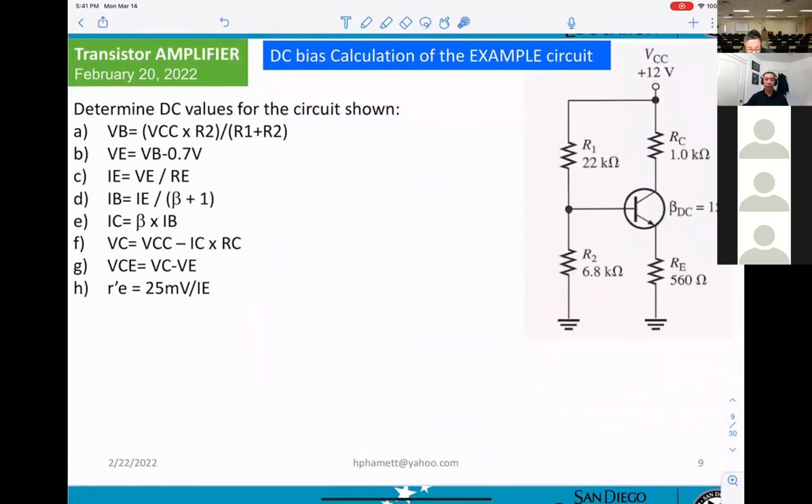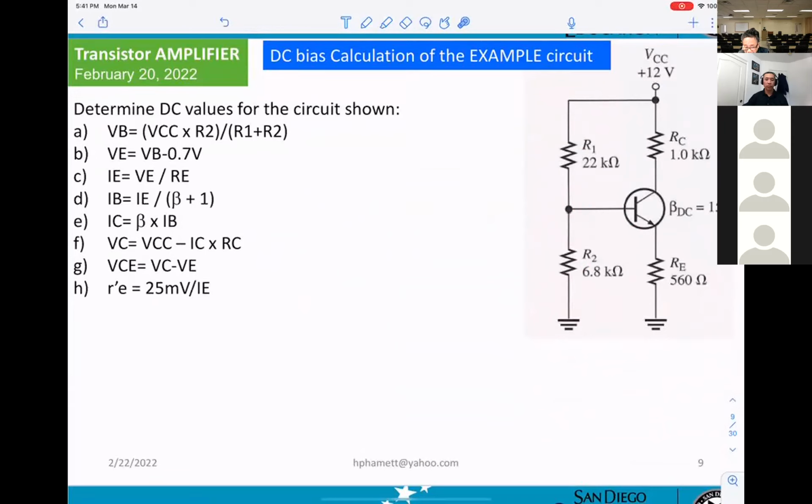And now this is a calculation. Basically, anyone must know, even if you don't calculate, you have to know the formula or the way we calculate it. First thing, they want the voltage here. Then you have the voltage divider: VCC times R2 divided by R1 plus R2. After you get the voltage here, the difference at this point will be 0.7.